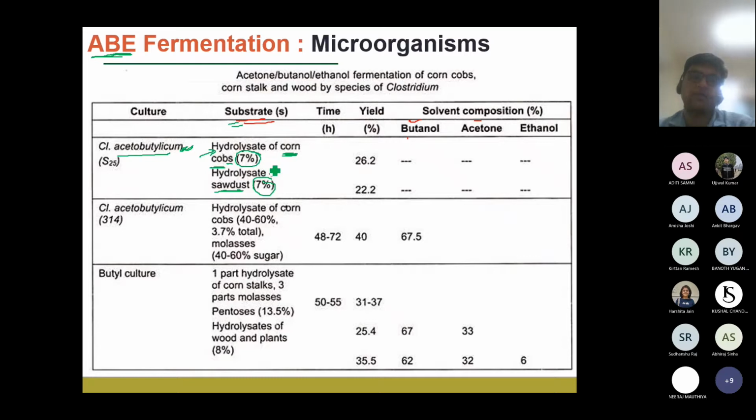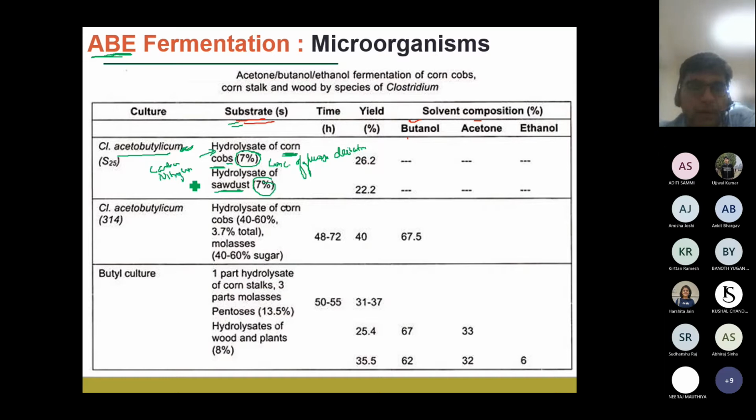So 7% means the concentration of the glucose derivatives which is actually being used as the carbon source in the fermentation. Because if you see the corn cob or the sawdust, they are a mixture of different carbon and different nitrogen sources. They may contain different growth promoting factors, maybe the vitamins, or other cofactors, for example.